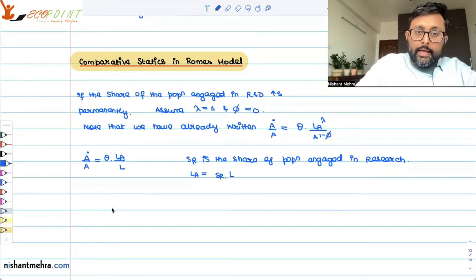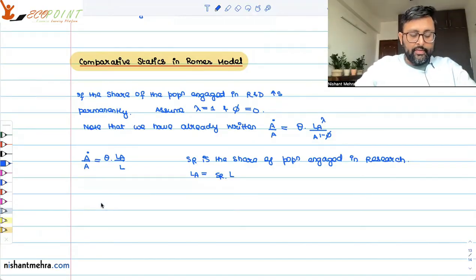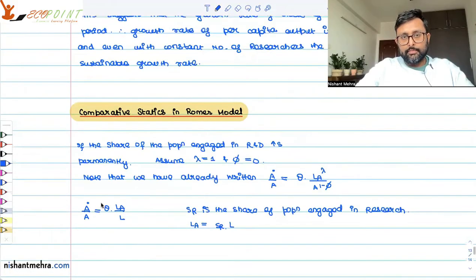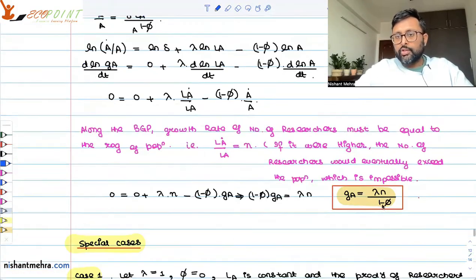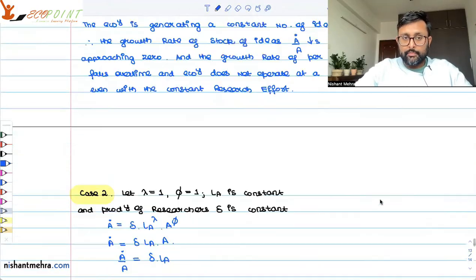We have also derived this: GA equals lambda n upon 1 minus phi. So remember this.